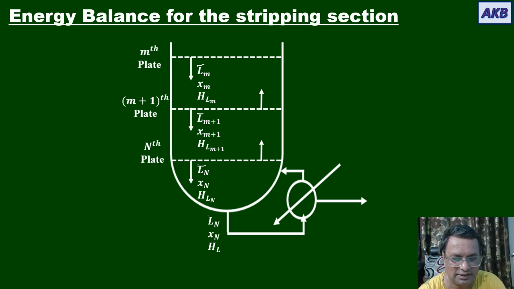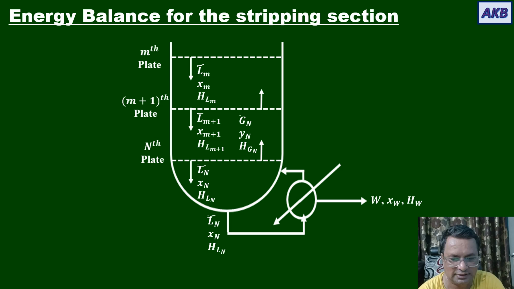The same liquid stream is taken out and sent to the reboiler. From the reboiler, you are removing the residue. For the residue, molar flow rate is W, mole fraction of A in it is xW, and enthalpy per unit mole of the residue is HW.